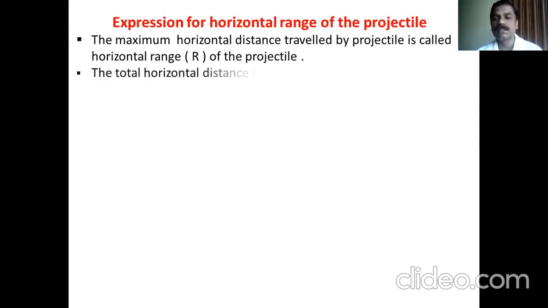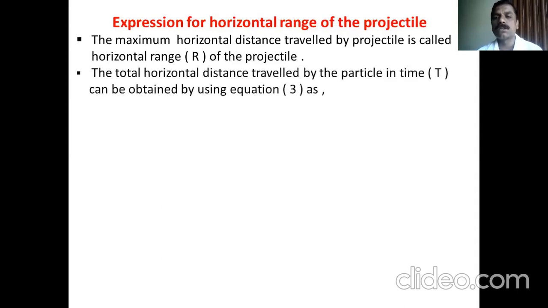Capital R is the symbol for that. Now this horizontal distance is traveled by the particle in time capital T, the total time required for the projectile to cover the entire trajectory.